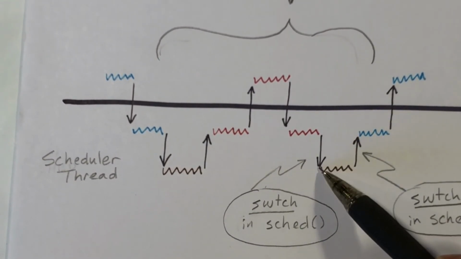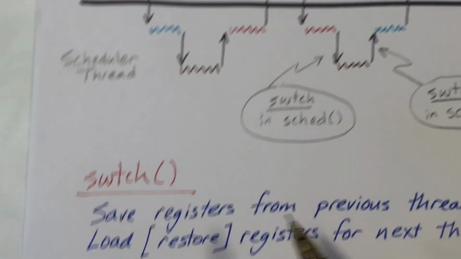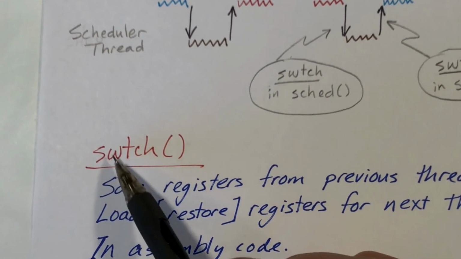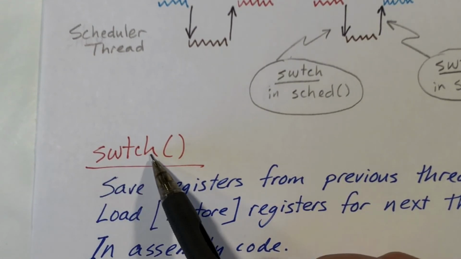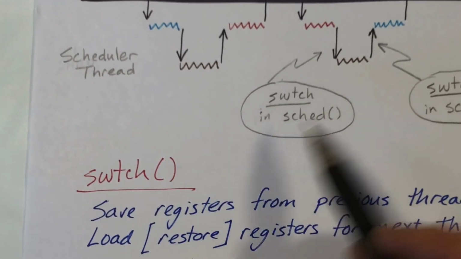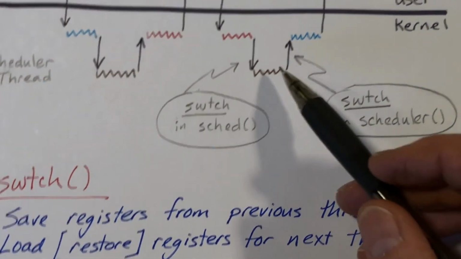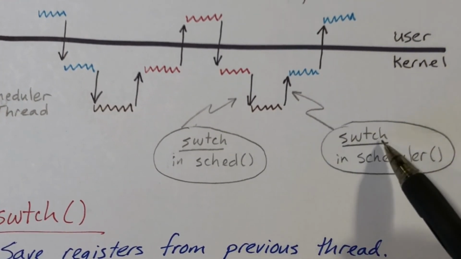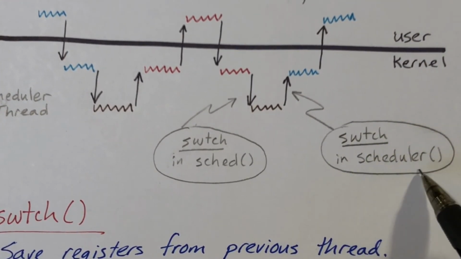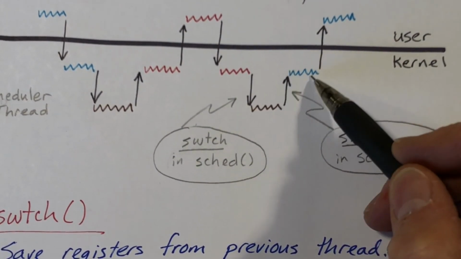This context switch and this context switch are both handled in an assembly language function called swtch, or switch, I guess we can say. That's assembly code. It's called in these two functions. When the scheduler chooses which process to go to, it will call it. That's done in this function called scheduler, and it will call switch to make that context switch.